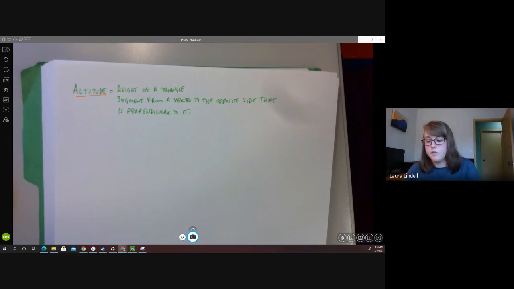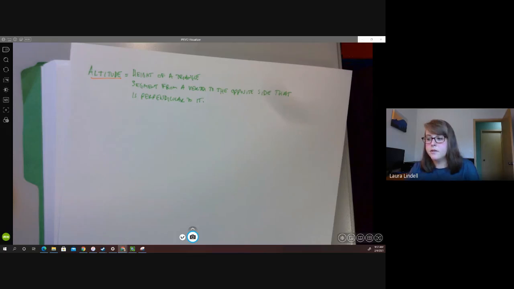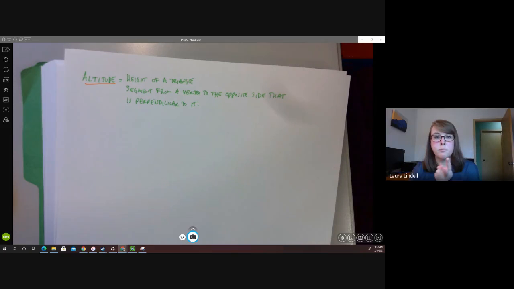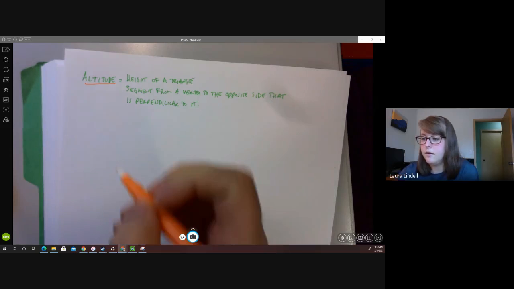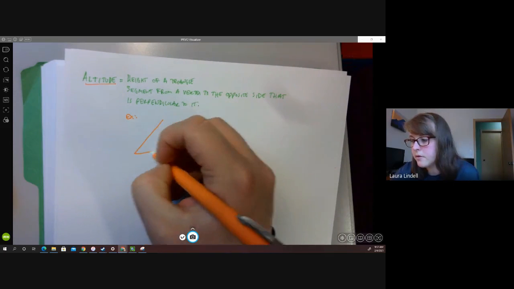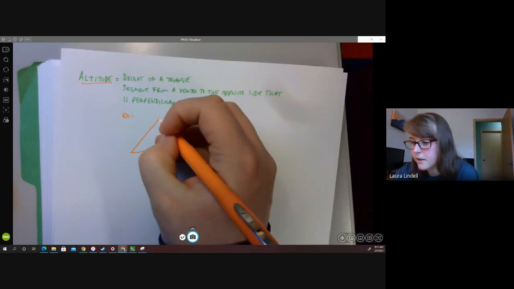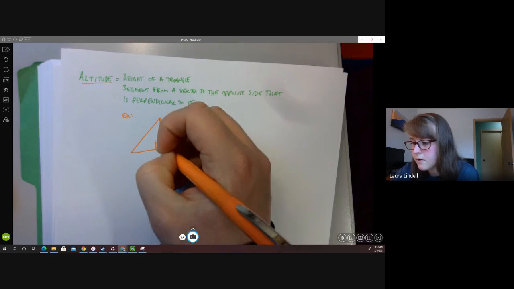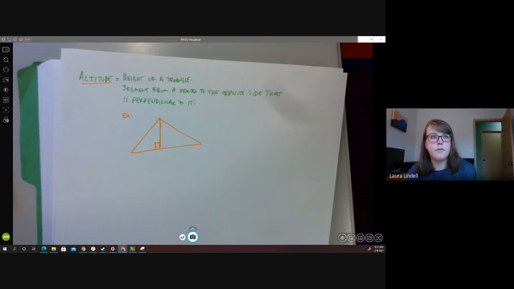Okay. So the two things that are important with an altitude is that it's going through a vertex and it's perpendicular to the opposite side. So if we have a triangle like this one, we might see an altitude that looks like that. Goes from a vertex and is perpendicular to the opposite side.